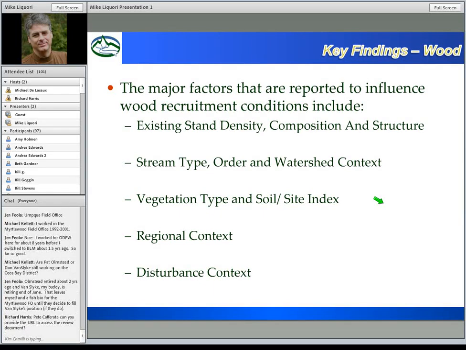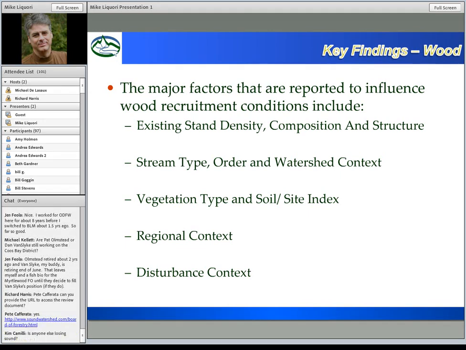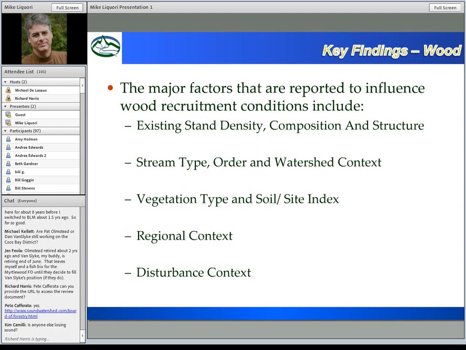When you're in a system where you tend to have these decade-long periods of high mortality in a stand, those tend to be the periods in which you're most likely to get a lot of wood recruitment. And then after that mortality stops and you get an understory reinitiation condition, you don't have that mortality, so your recruitment tends to slow down a little bit. So those are important factors.